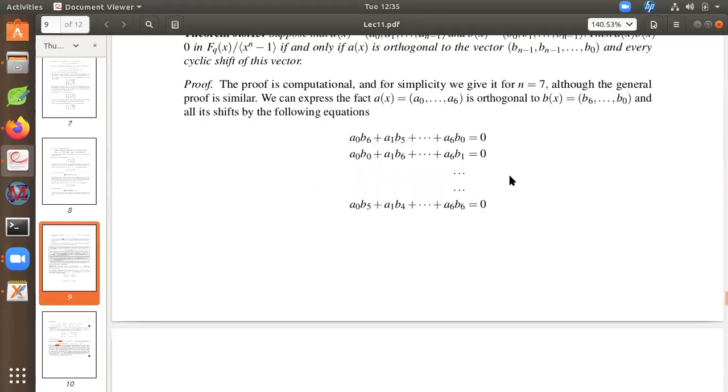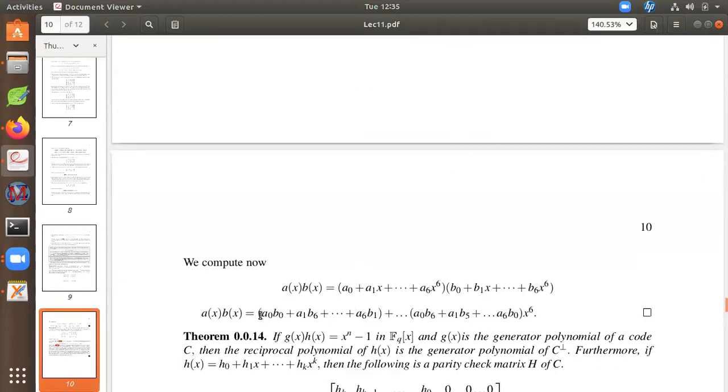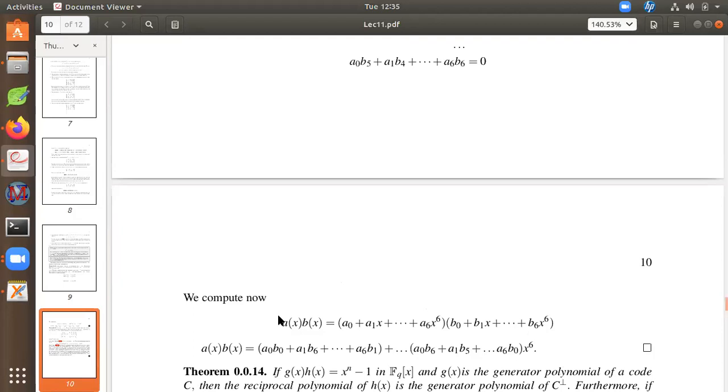If you multiply them, a of x into b of x, a0 is multiplied with b0, and like that you multiply, but remember that I am doing modulo x power n minus 1 also. So what is a1 x into b6 x power 6? It is a1 b6 x power 7.